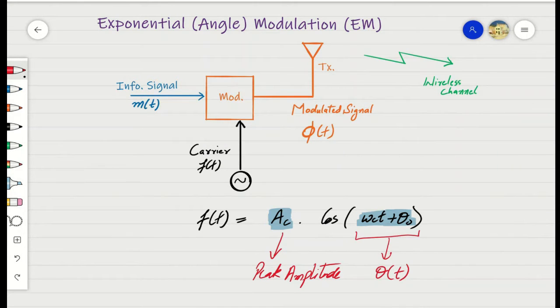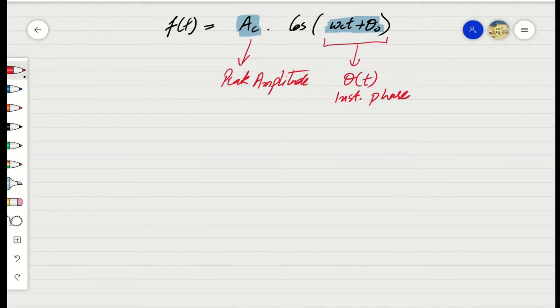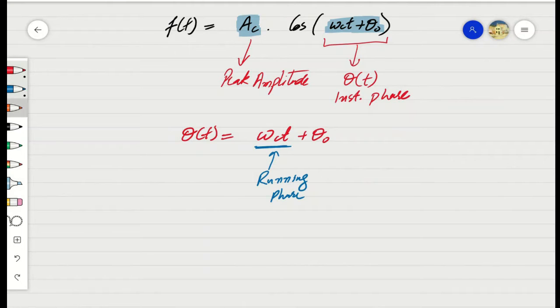If we define the instantaneous phase theta(t) as omega_c t plus theta naught, we can refer to its first part, omega_c t, as the running phase, as it is a function of time, and we can refer to the second part of the instantaneous phase as the phase shift, which is a constant value, not a function of time, for this sinusoid wave.